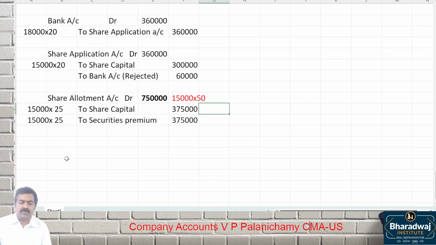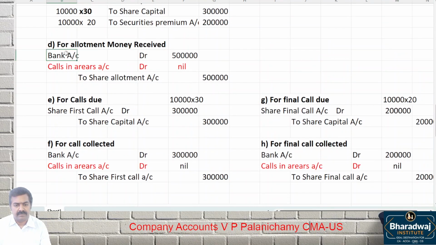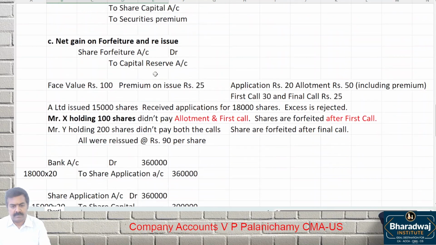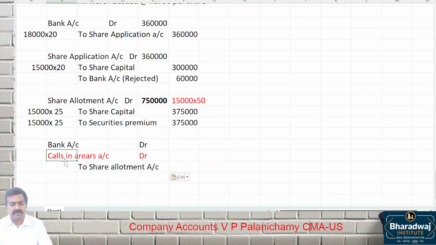Are we collecting the full allotment money? Look at what he has given. Mr. X holding how many shares? 100 shares into 50 did not pay which money? Allotment money. So 100 into 50 we are not collecting.